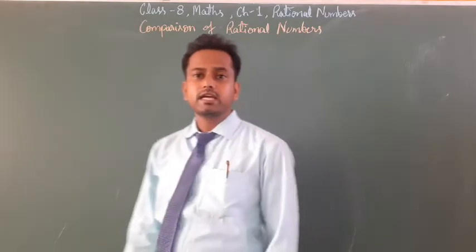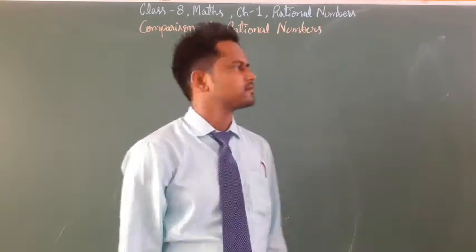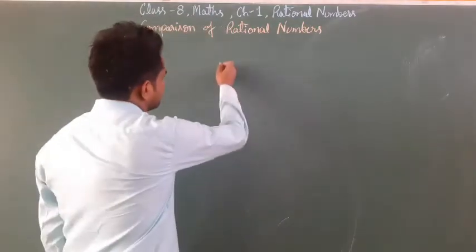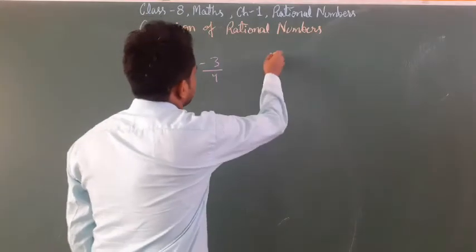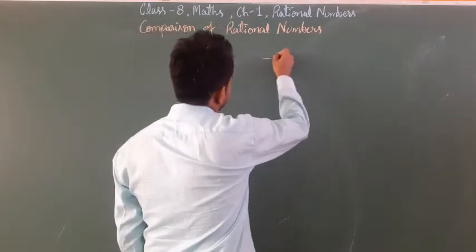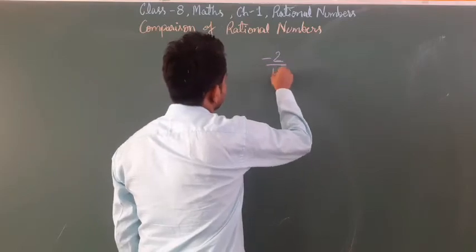Okay, when we compare two negative rational numbers, minus 3 by 4 and minus 2 by 4.